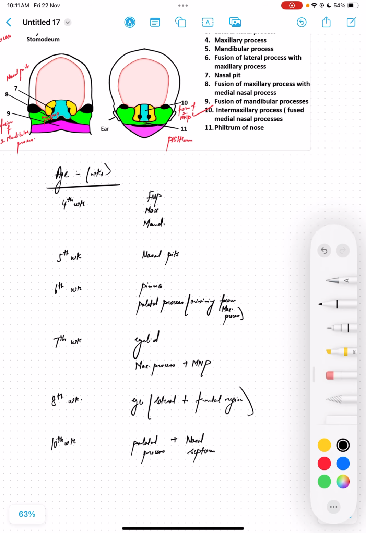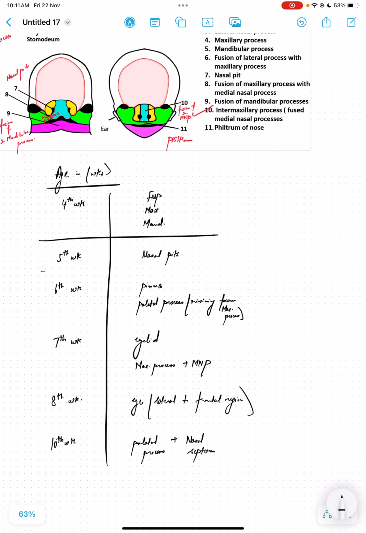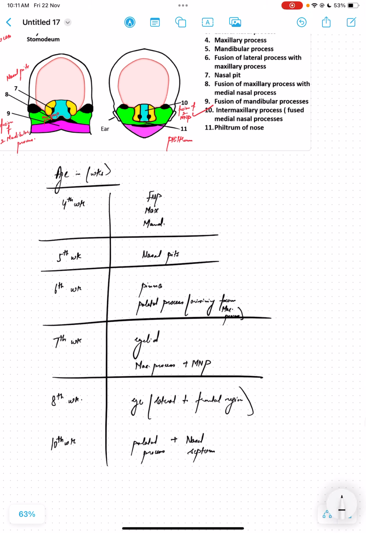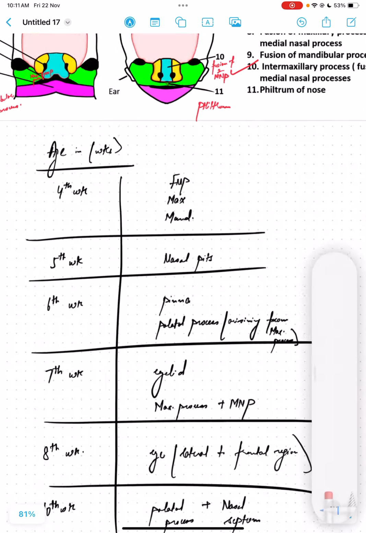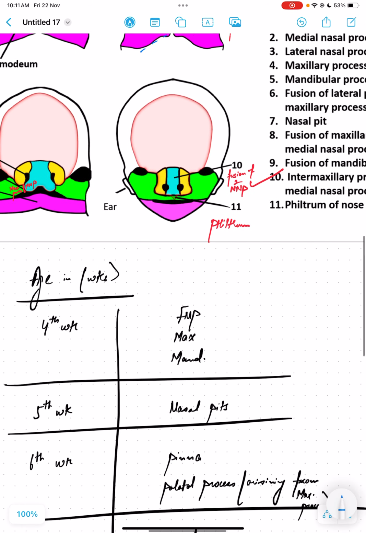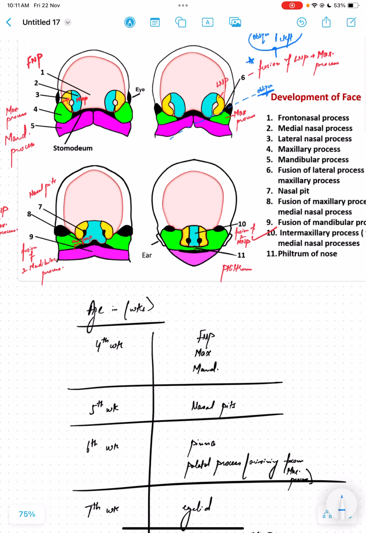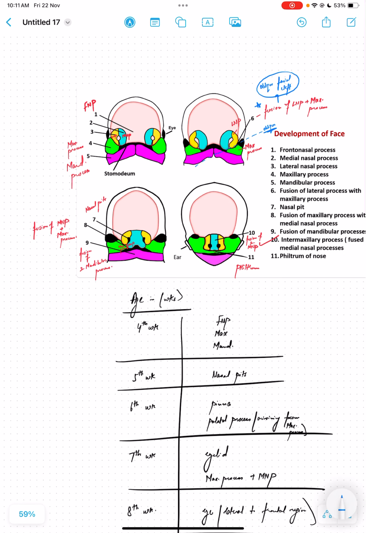Okay, now we will study all of it again so as to make your understanding of the concept easy. Just by looking at the diagram, at the 4th week the frontonasal process, maxillary process, and the mandibular process are formed.